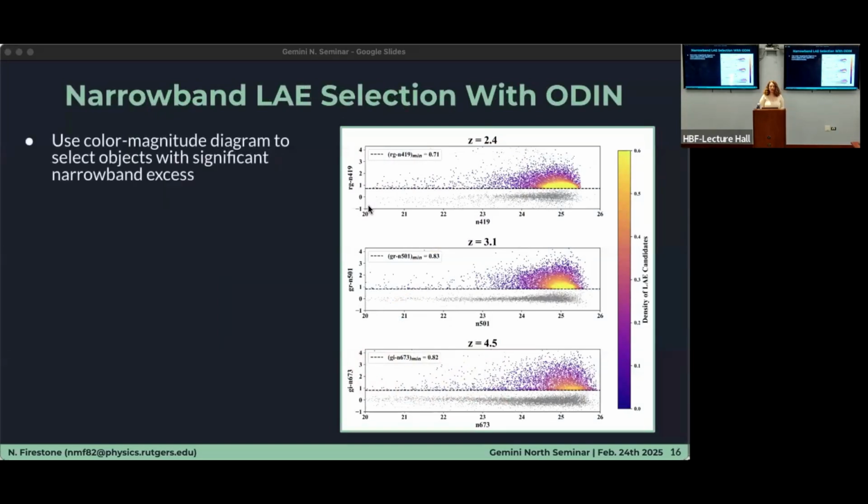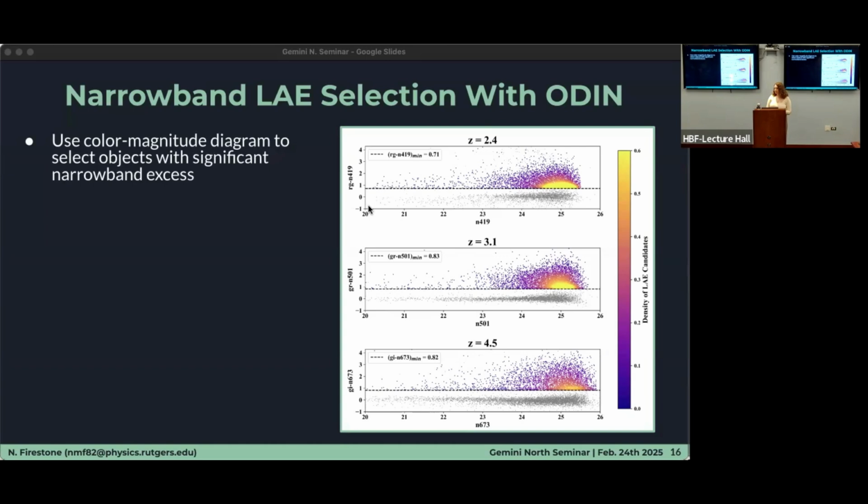So here I have some color magnitude plots to illustrate this technique. On the y-axis, we're looking at our narrowband excess, so comparing the double broadband magnitude to the narrowband magnitude. And the points here are colored by density on this specific plot. The gray points are a random subset of objects from our overall catalog.